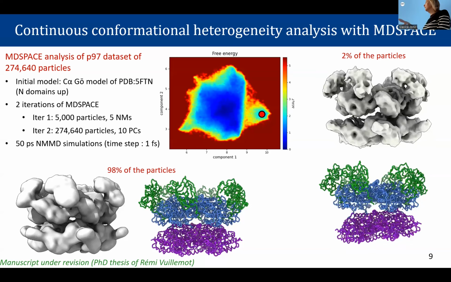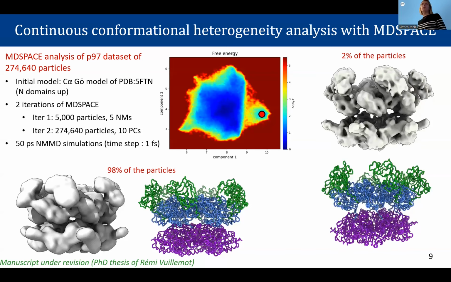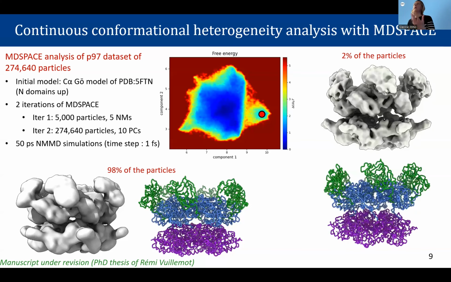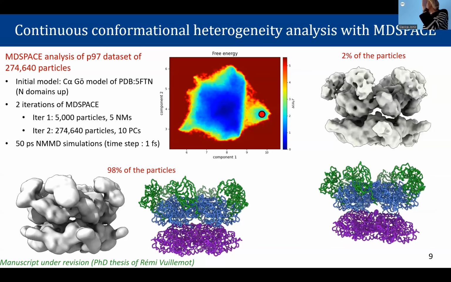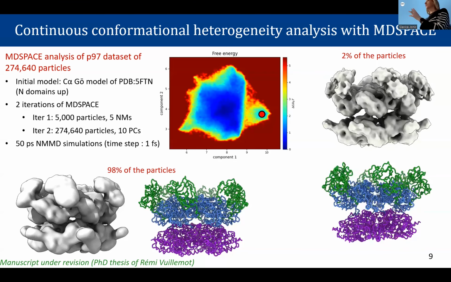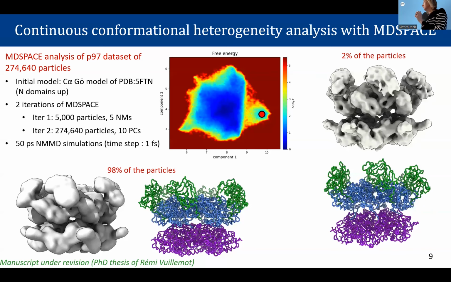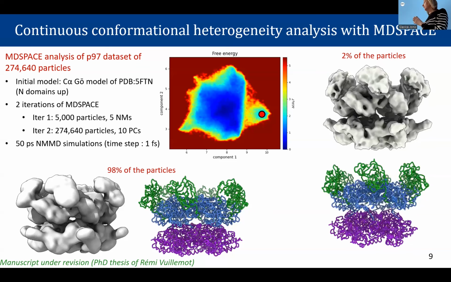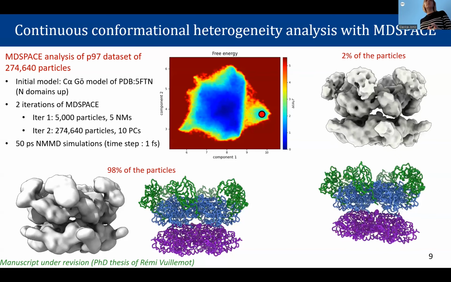You can show other isosurfaces. But here is what we call an atomic structure, an atomic model. So, don't look at these colors. They are not important. They are here just to show different domains, but what you need to understand is that behind the different points here, you have atoms.